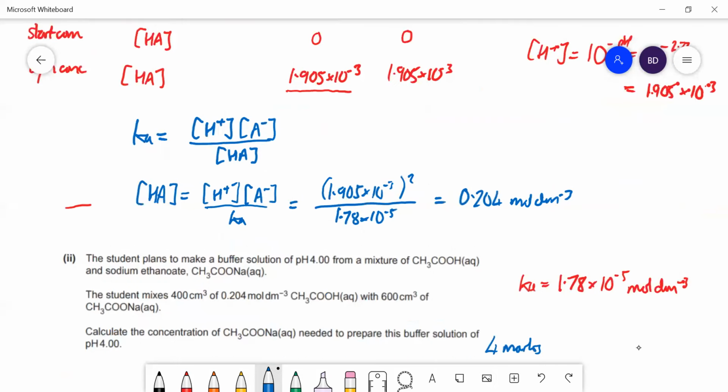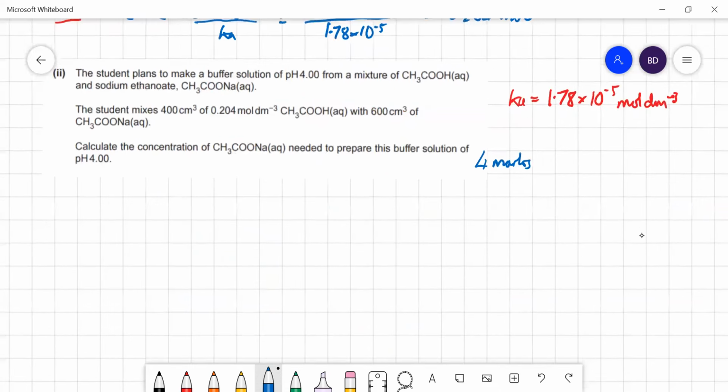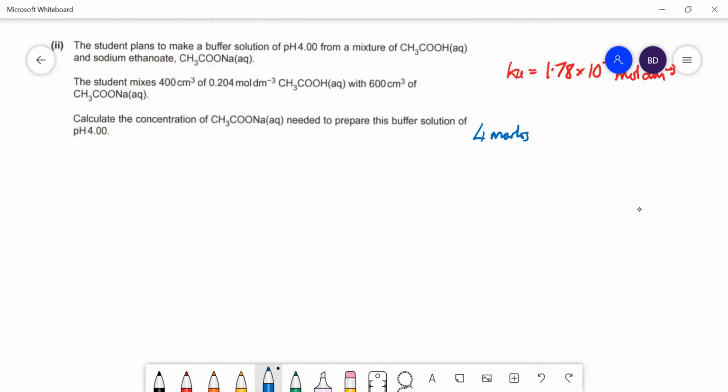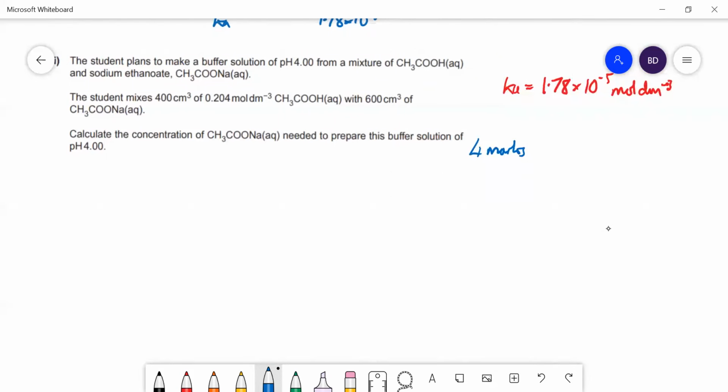Right. Now here's a bit more difficult. We're going to make a buffer solution from ethanoic acid and sodium ethanoate. So the student mixes some of the weak acid with some of its conjugate base. Calculate the concentration of this solution needed to prepare this buffer solution at pH 4.